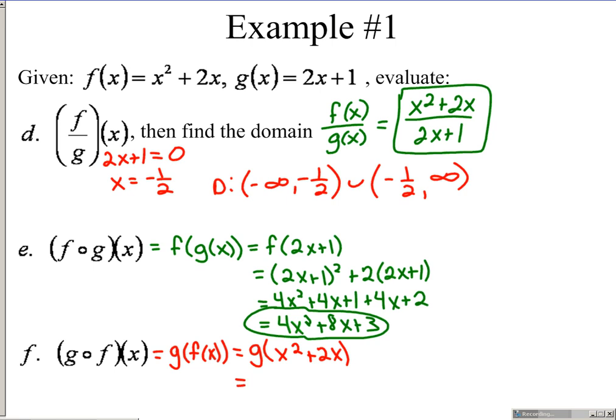So in our g function where we had x, I'm going to put in x squared plus 2x. And now simplify that. Distribute, we get 2x squared plus 4x plus 1.